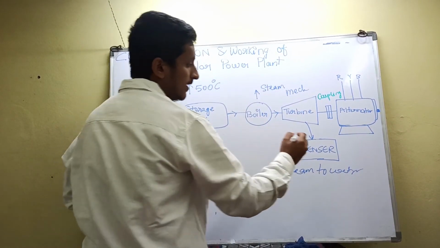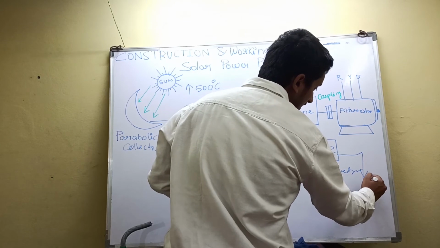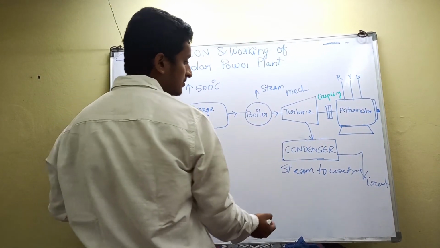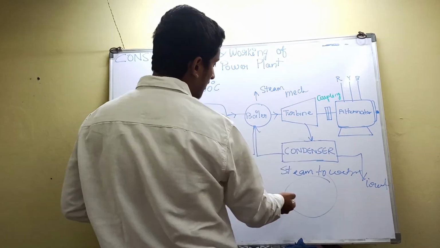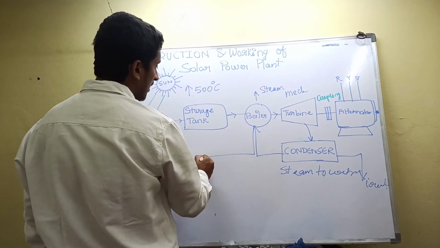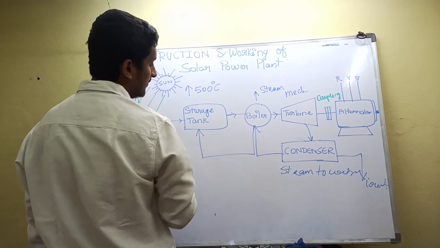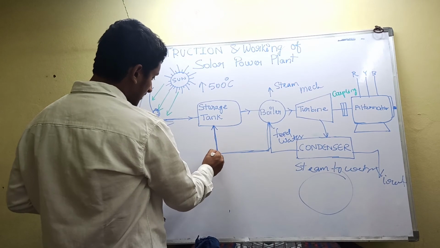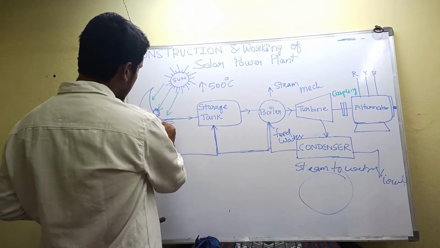Now this water is sent for irrigation, and further the water is taken back and given to the boiler. From the boiler, again the water is sent to the storage tank. From the storage tank, again it is taken to the parabolic cylinder.